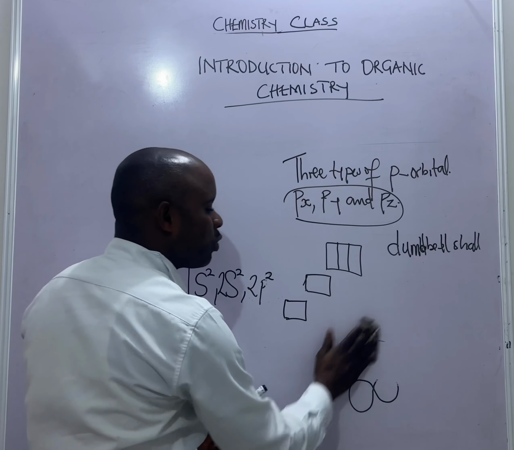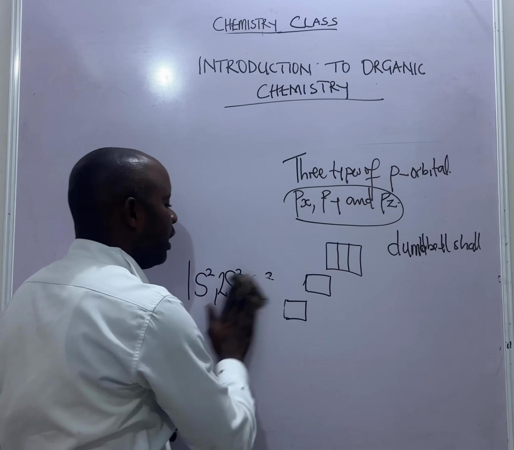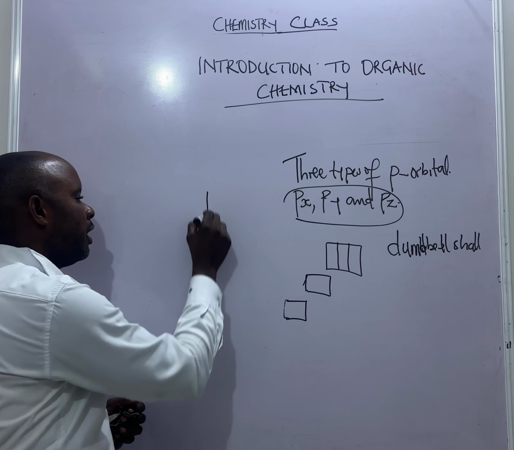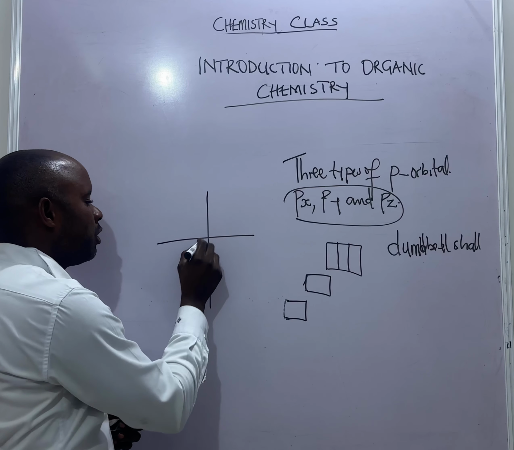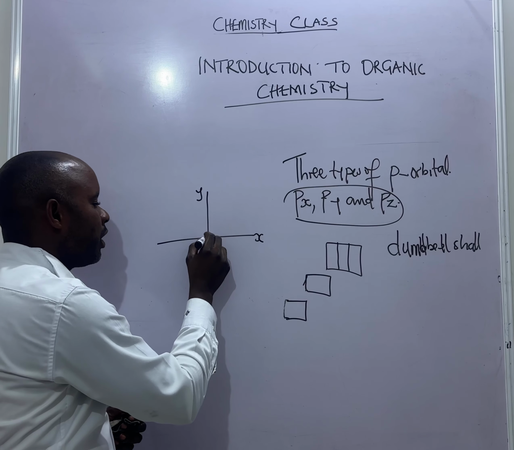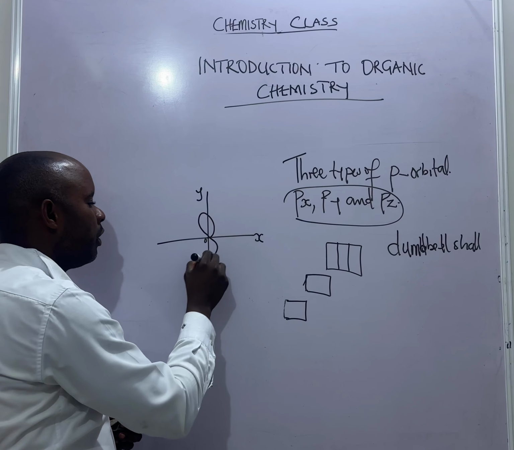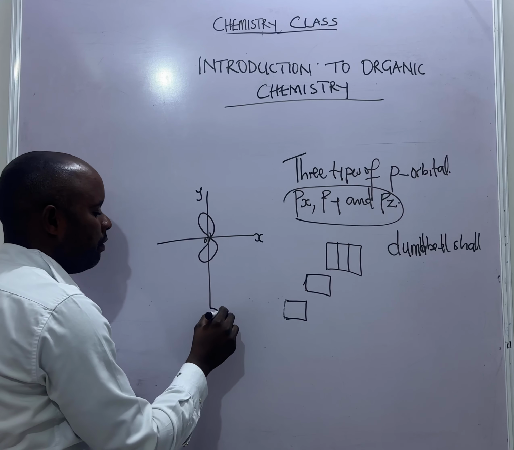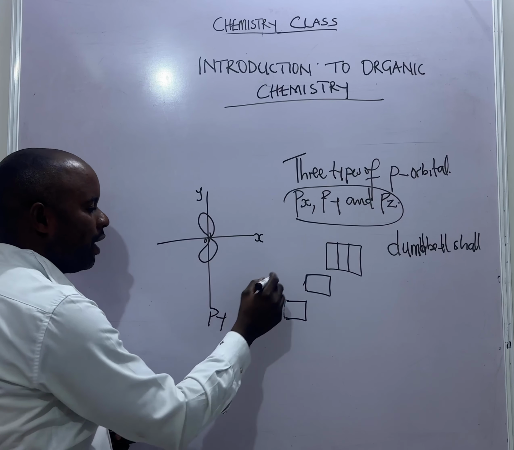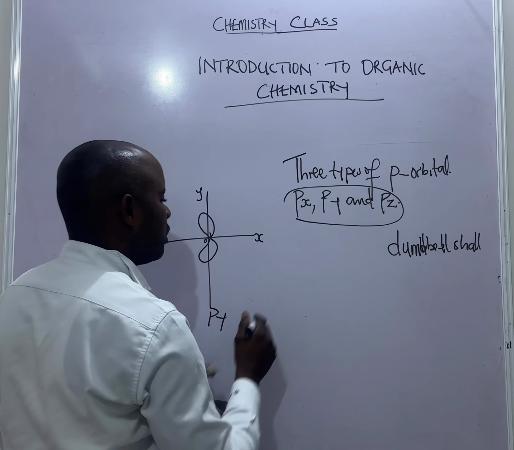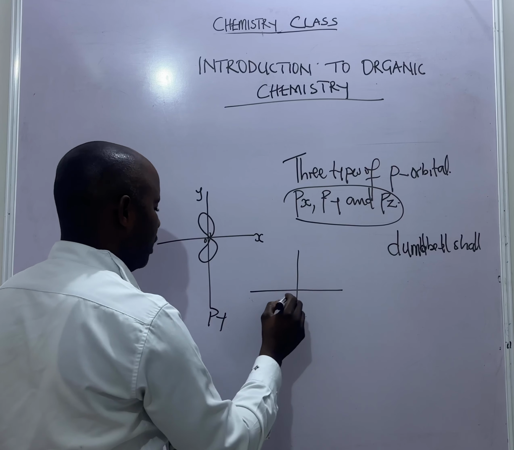For us to explain the configuration of this carbon, we must have this ideal. So it is an origin. Let's say this is Y, this is X. The one that is formed on this Y-axis is known as py. Let's wipe this, we'll come back to that.